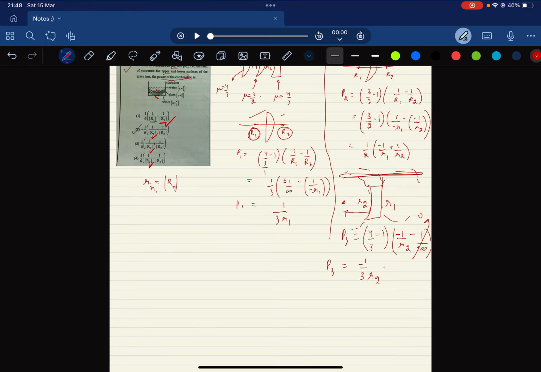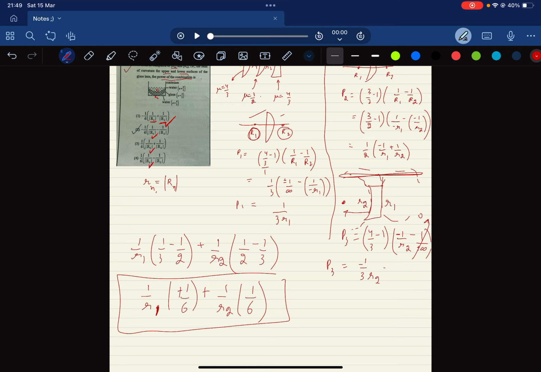So adding all of this, we get 1 by r1 is 1 by 3 minus 1 by 2, plus 1 by r2 is 1 by 2 minus 1 by 3. So 1 by r1 minus 1 by 6 and 1 by r2 plus 1 by 6.